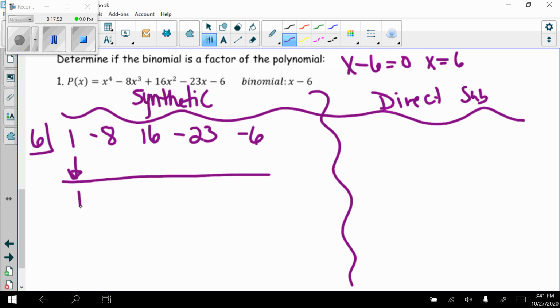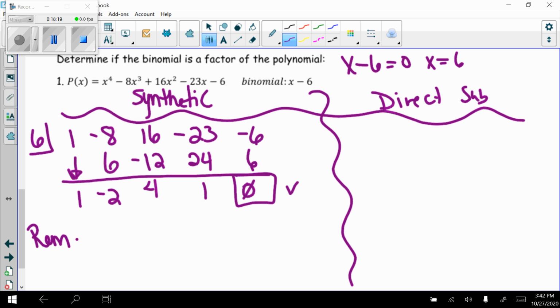Remember, anything below the line gets multiplied by what's in the box. So 1 times 6 is 6. The 2 numbers above the line get added together, so I get -2. Multiply, I get -12. Add, I get -4. Multiply, I get -24. Add, I get -1. Multiply, I get -6. Add, I get 0. My remainder is 0.